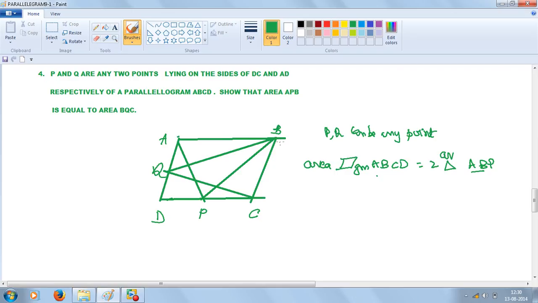So what about this way? If you take BC as the base, because you have a triangle BCQ or BQC.